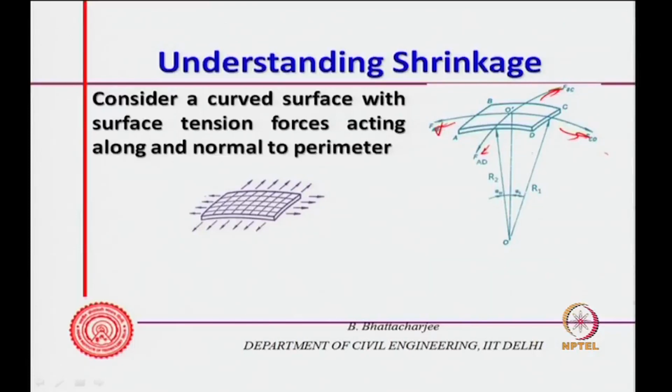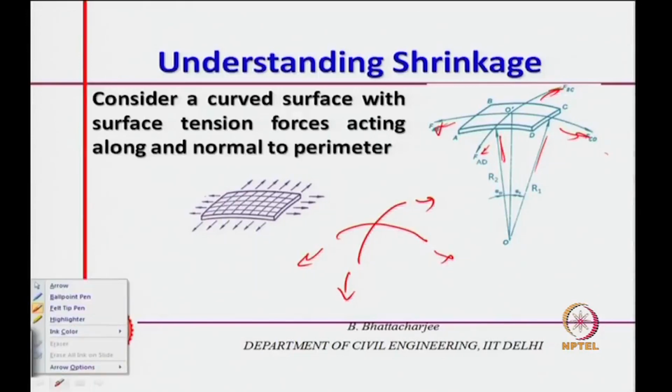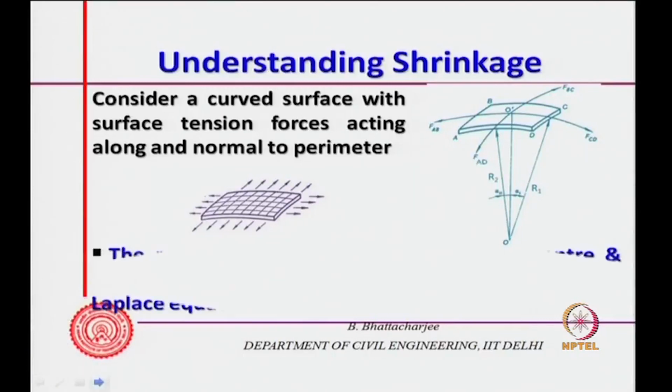Now, if you look at these forces, the resultant force will be acting inward, this is the radius along this curvature, because this is a curved surface. So, the forces are like this, and the resultant forces will be acting inward. After looking at the equilibrium, one may write an equation.